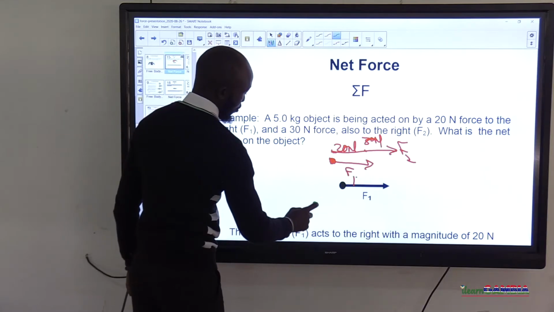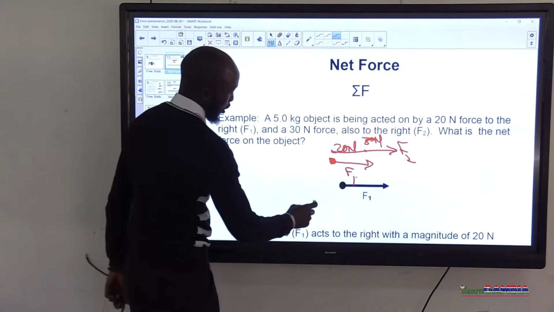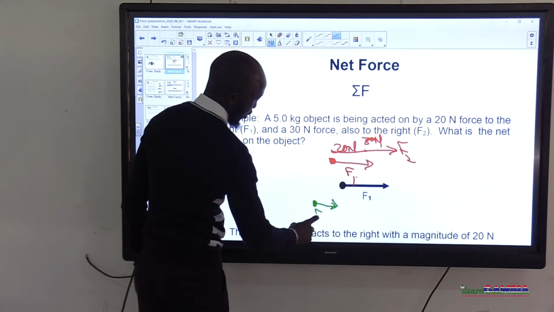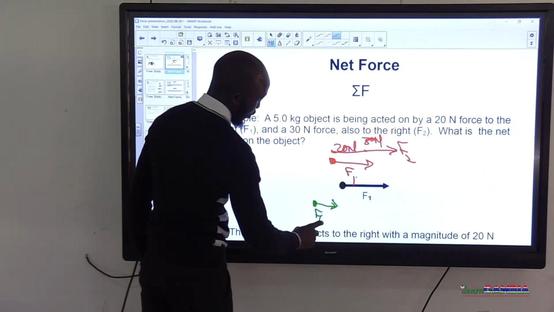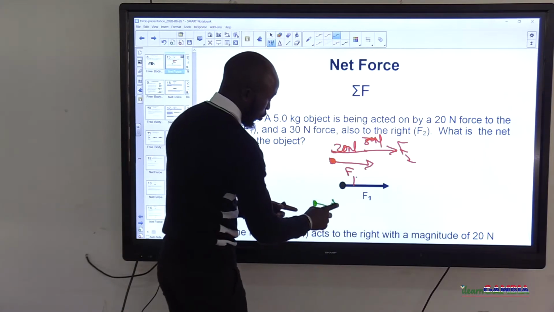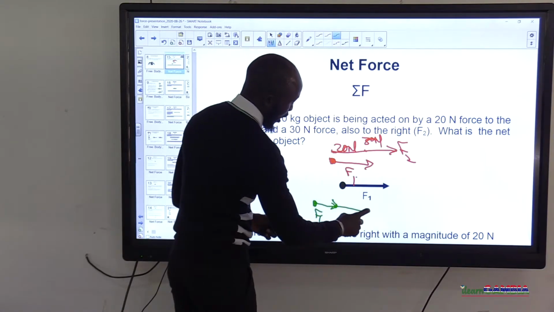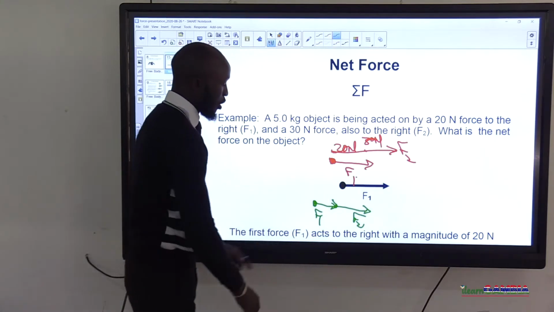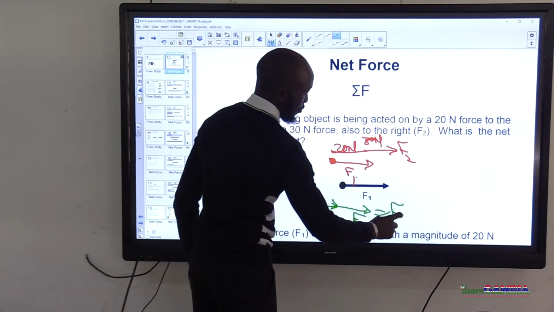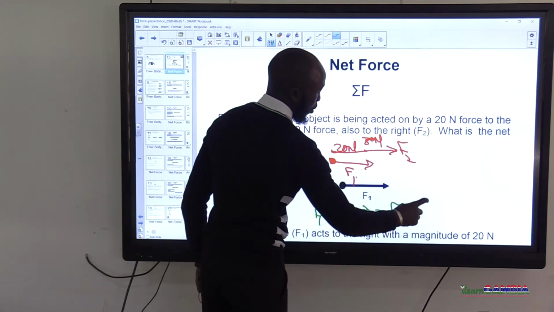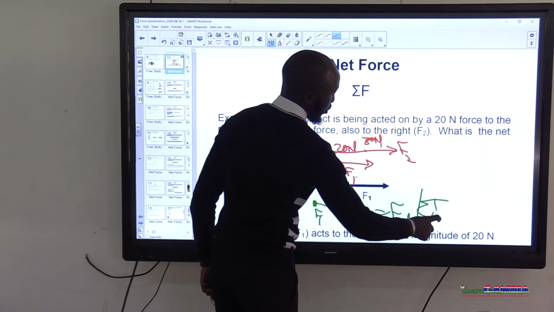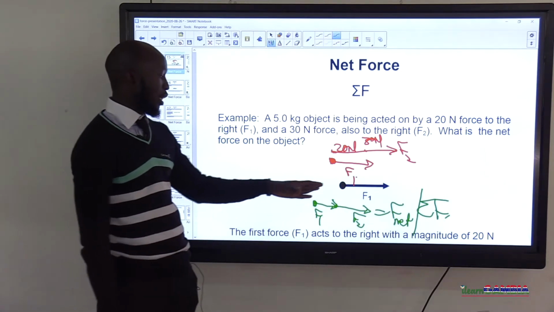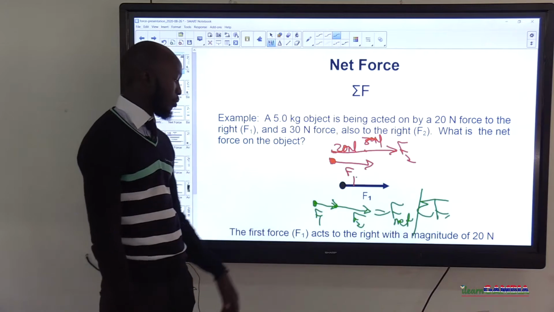So we will first draw our object here, and then we do our F1, and on F1 we add F2, and that will give us our F net or summation F. That is the total of the forces that are actually acting on this particular object, right?